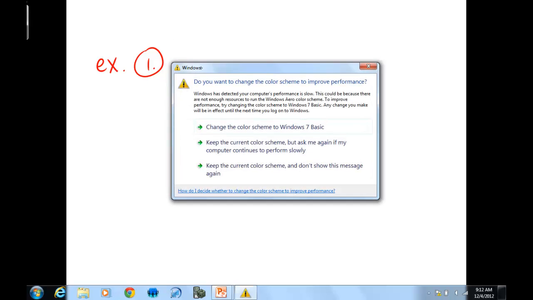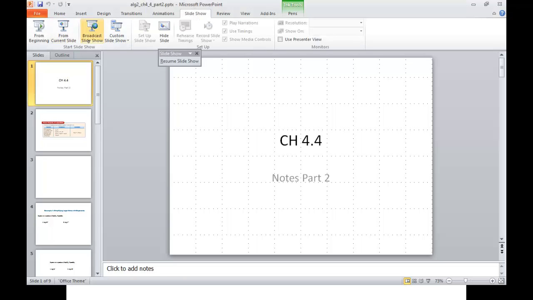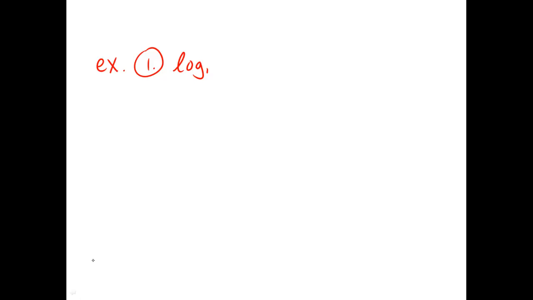So let's say we have log base 4 of x squared. The way that we would simplify this, the 2 in the exponent can be moved out front.